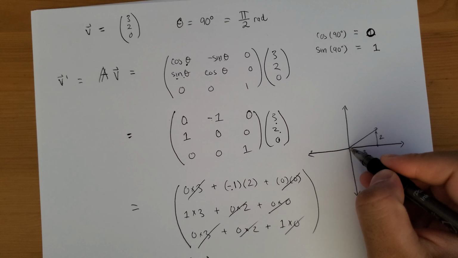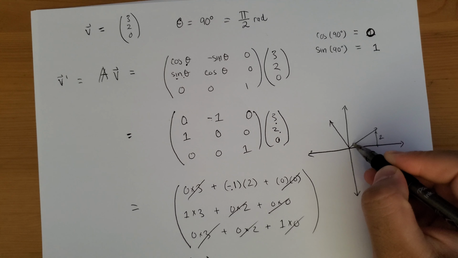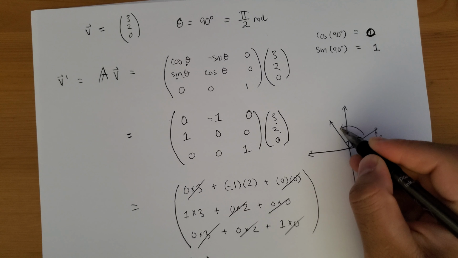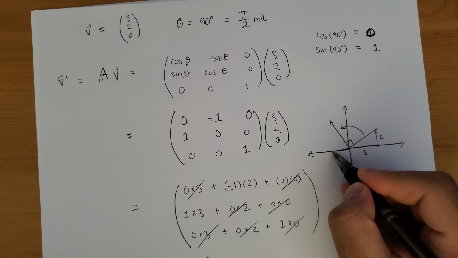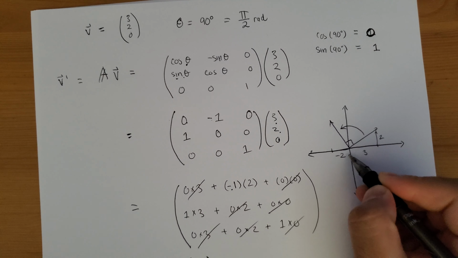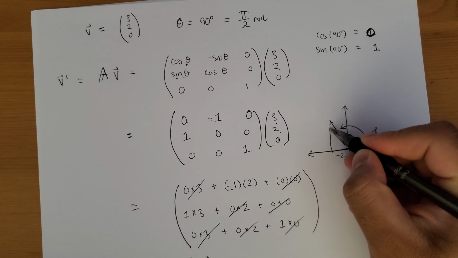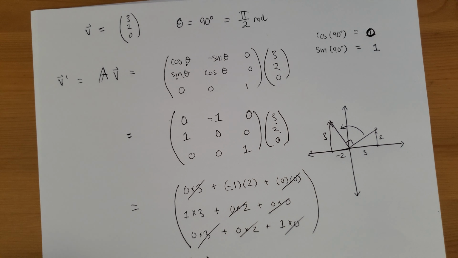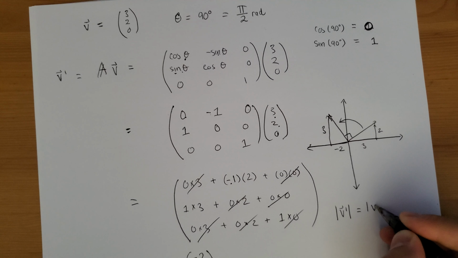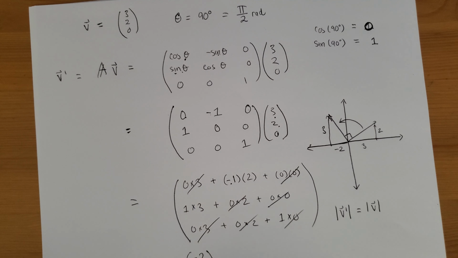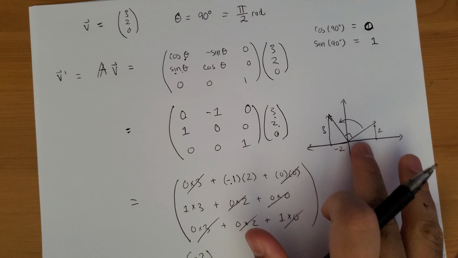And if we rotate this by 90 degrees, so we're just basically rotating it around, the new vector will have -2 as its x component and +3 as its y component. Overall, the magnitude of the vector v prime is the same as v, but the coordinates of the x component and the y component could be different when you rotate it.